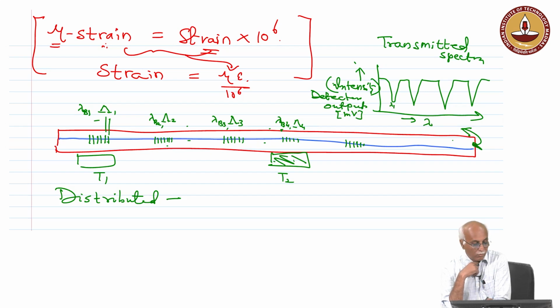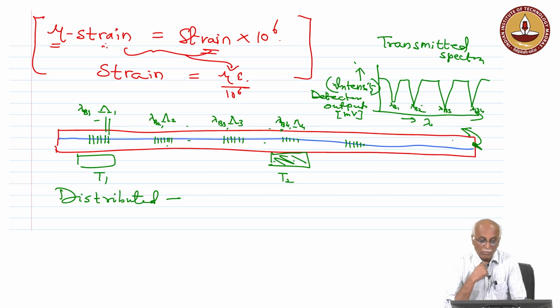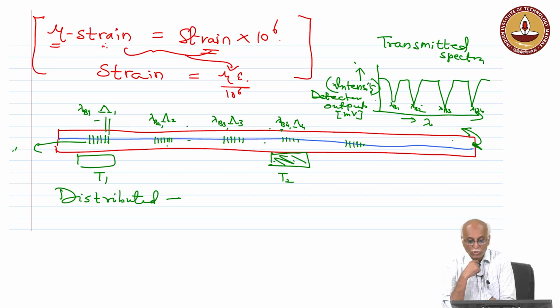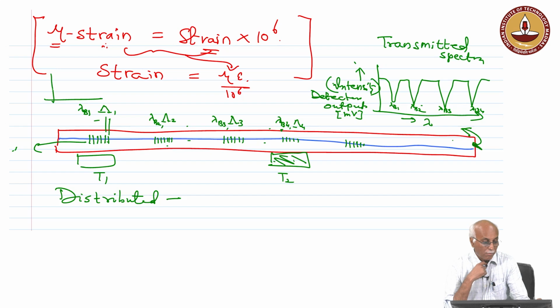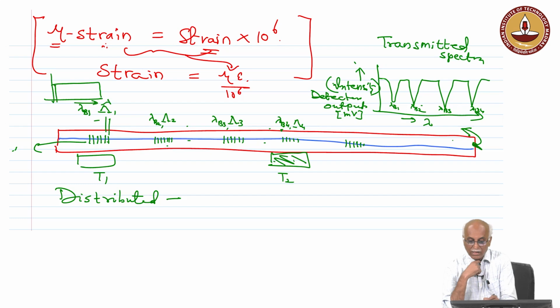Lambda b 1, lambda b 2, lambda b 3 we can capture as the dips, because these wavelengths, due to the Bragg grating, will reflect back. So, the input spectra is a broadband light source, and the transmitted spectra has dips associated with the Bragg wavelengths.